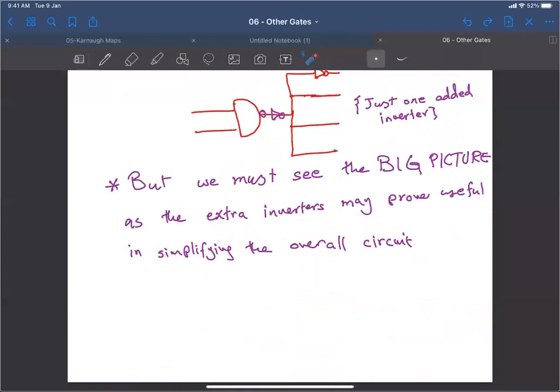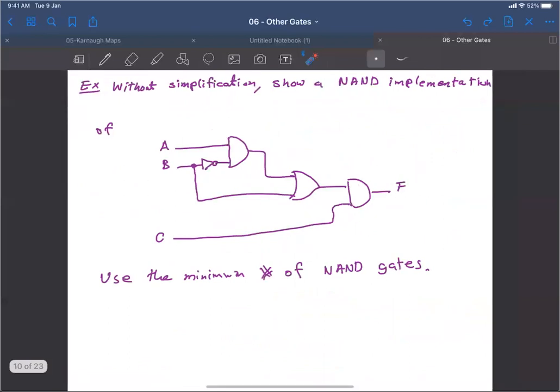So now it's time to switch to examples. We have this circuit now, and without simplification, we would like to show the NAND implementation of this circuit, using the minimum number of NAND gates. Now in this question, we are asked to use only NAND gates, so we cannot use inverters.